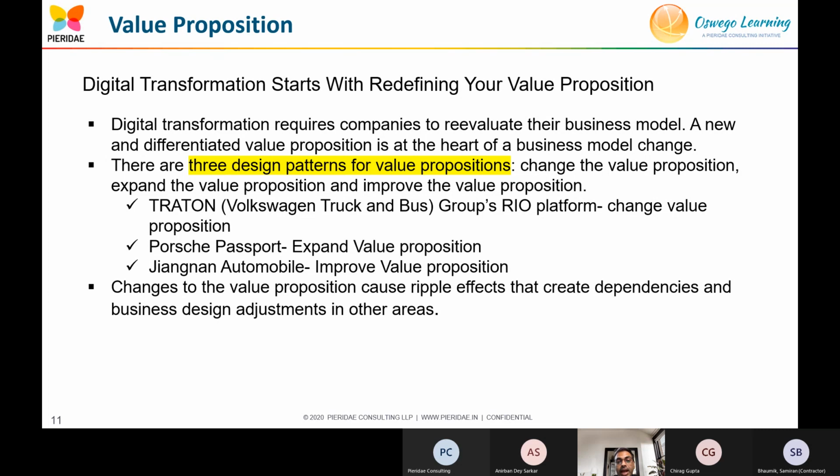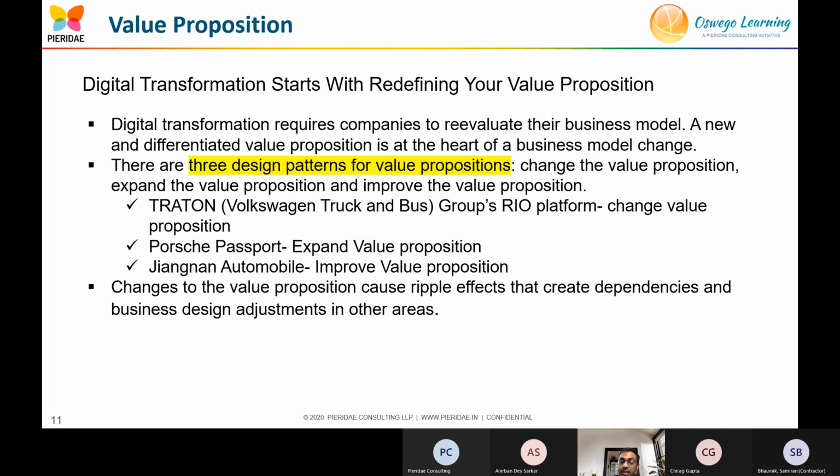And if a portion of that cost saving is passed on to the customers, and the customer can now purchase the same vehicle at 3,75,000 rupees, customers will be happy and more customers will be attracted to this particular organization. So improve value proposition. You are delivering the same product, but with a better value proposition, a better price, right?